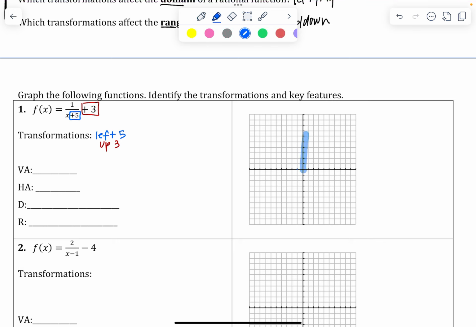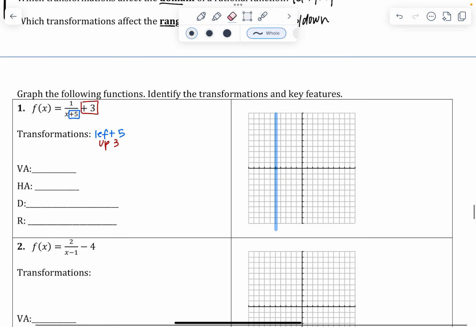So it starts at 0, and it's going to move 1, 2, 3, 4, 5 to the -5. So there's our vertical asymptote at x equals -5.